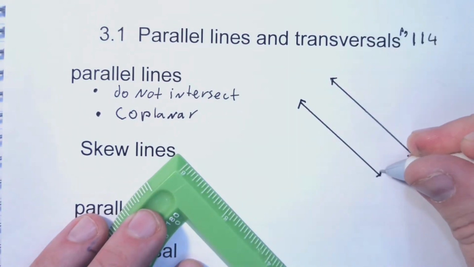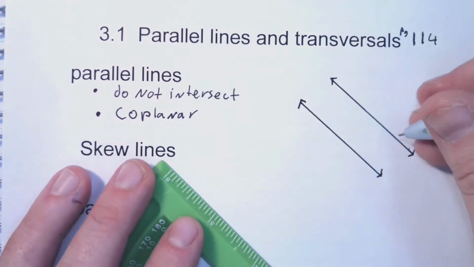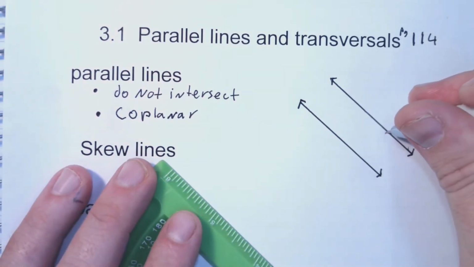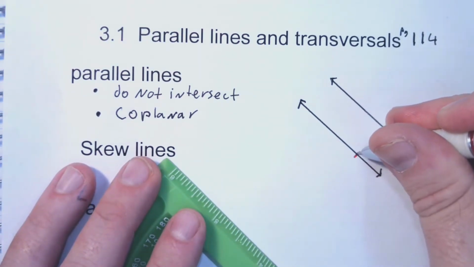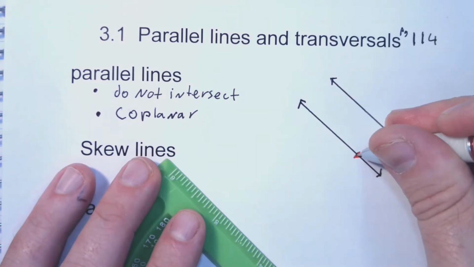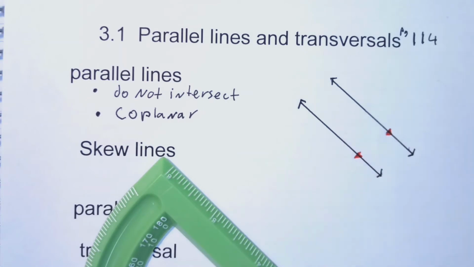When you see parallel lines in your book, they most of the time will mark them with a little red arrowhead like this. Basically what it means is one red arrowhead goes with the other red arrowhead, which means they're both parallel. So they're coplanar because they're on the same piece of paper.